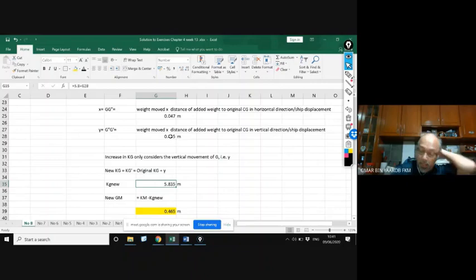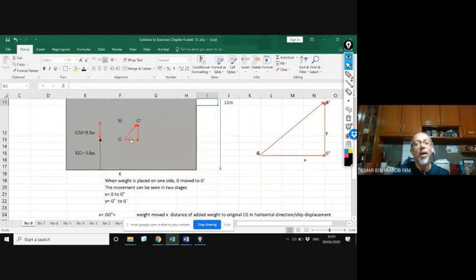So when we talk about KG and the vertical location of the center of gravity, we talk only in the Y direction. So increase in KG only considers the vertical movement of G. That means Y. What we want to know is how high G has moved up.